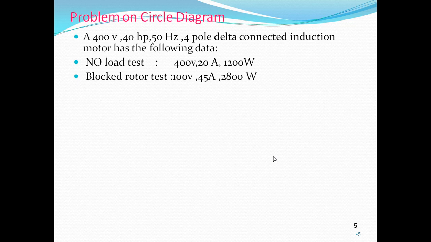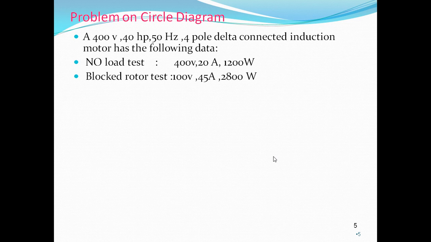For this blocked rotor test, he has given 100 volts, 45 amps, and 2800 watts. How is the blocked rotor test conducted? It is conducted by blocking the rotor, which is equivalent to the short circuit test of a transformer.